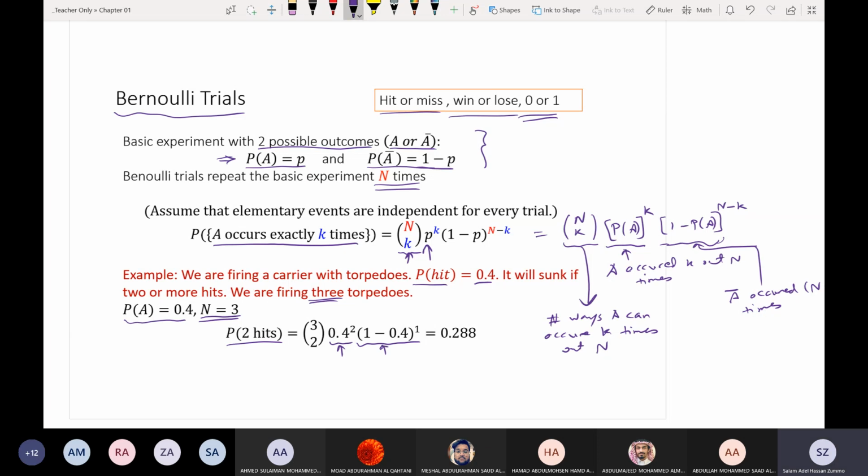Multiplied by how many times out of the 3 times I fired I can hit: 2, which is 3 choose 2. It doesn't matter whether the two hits were first, last, or in the middle of the 3. My question is, what is the probability if I have 2 hits out of 3? It's 3 choose 2, 0.4 to the power 2, 1 minus 0.4 to the power 1.